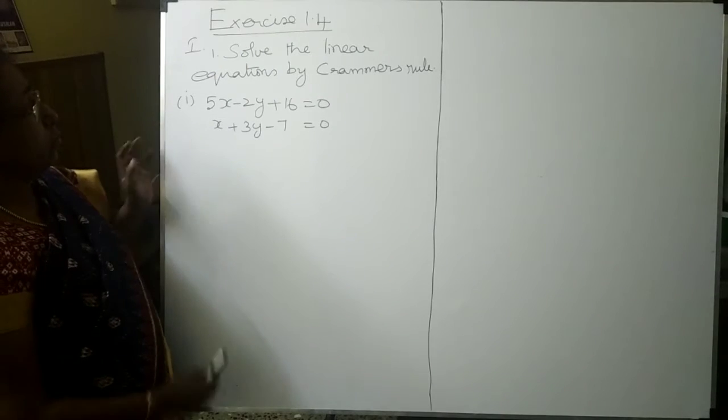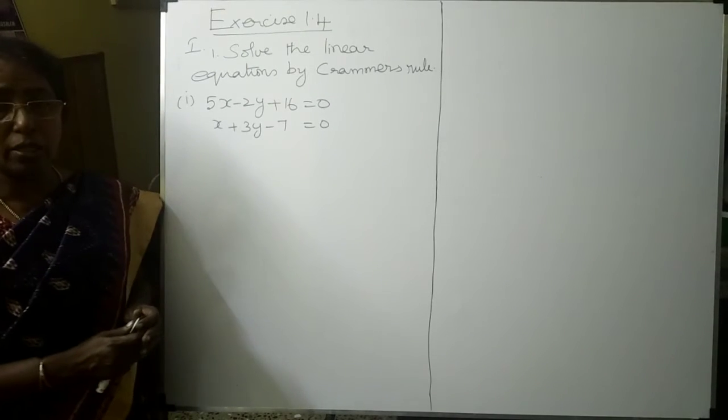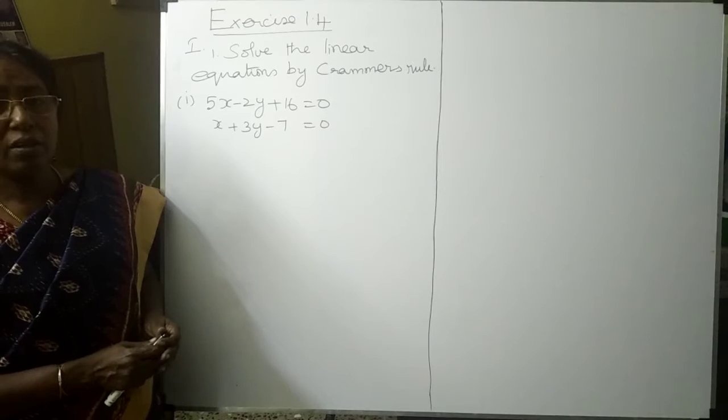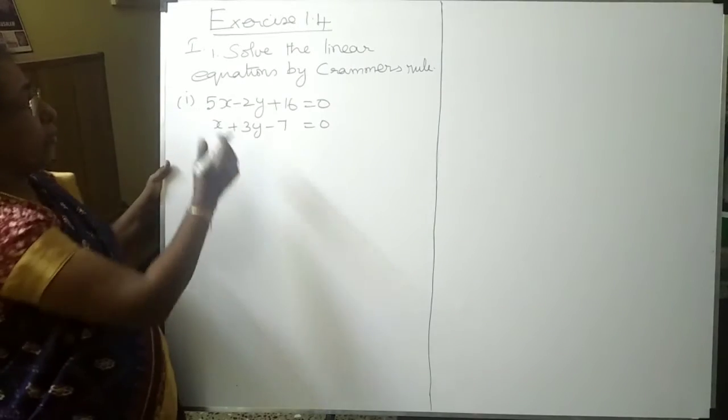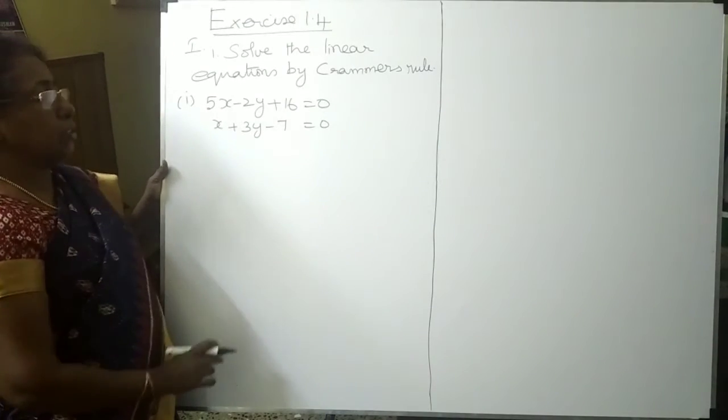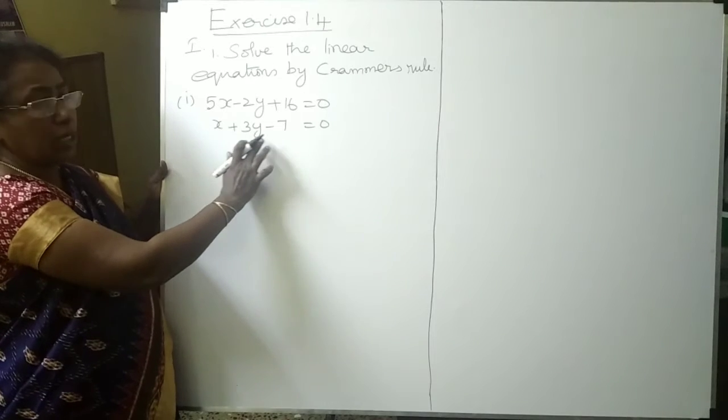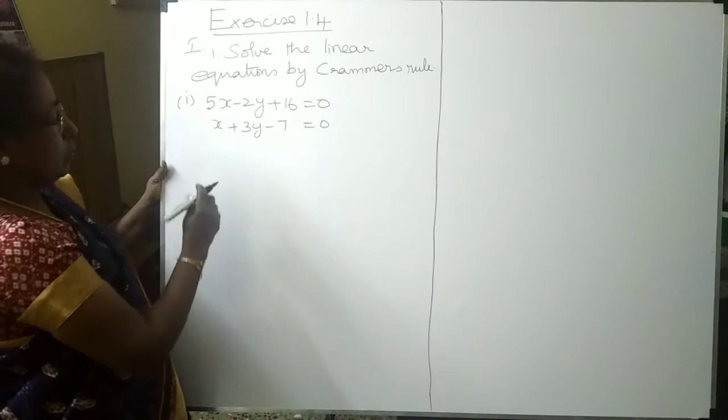Now in this exercise 1.4, we are going to solve the linear equations using Cramer's rule. 5x minus 2y plus 16 equal to 0, x plus 3y minus 7 is equal to 0.